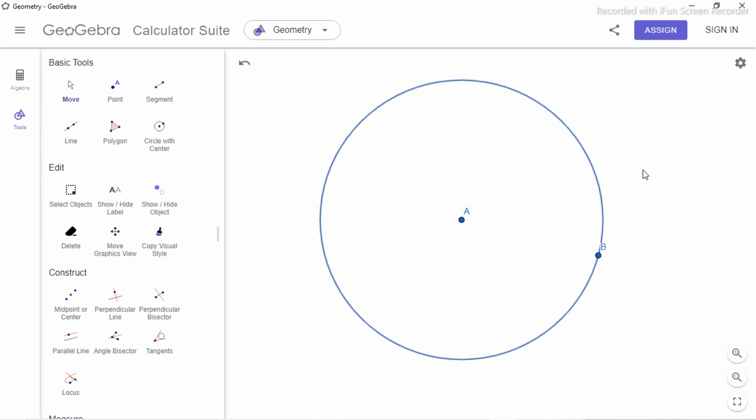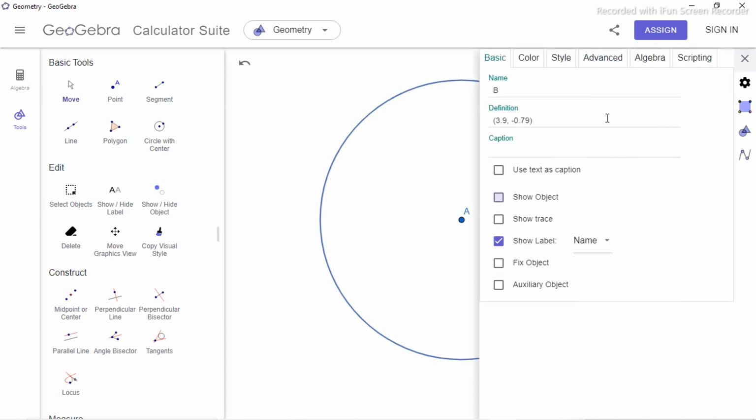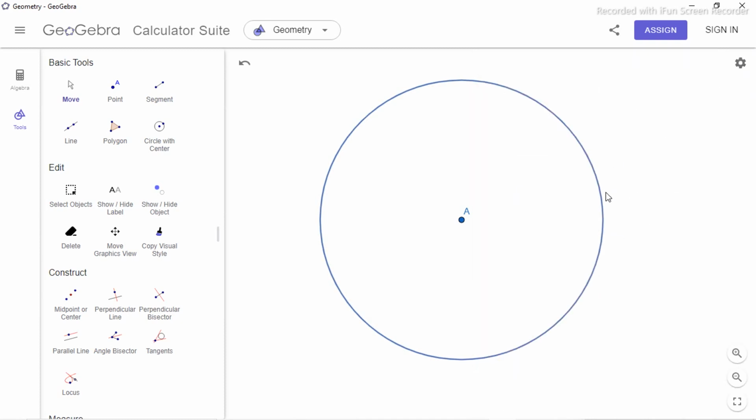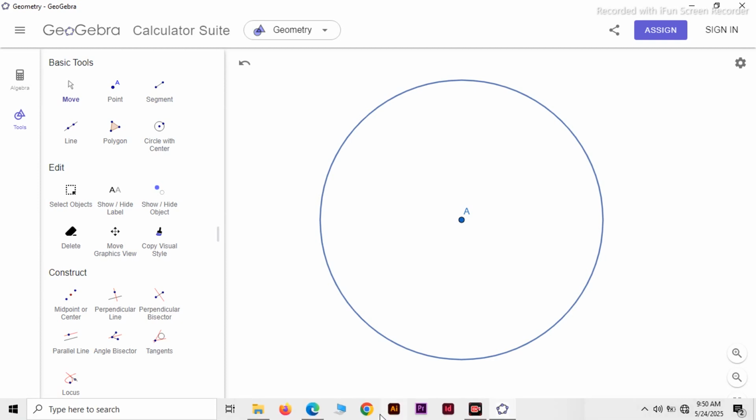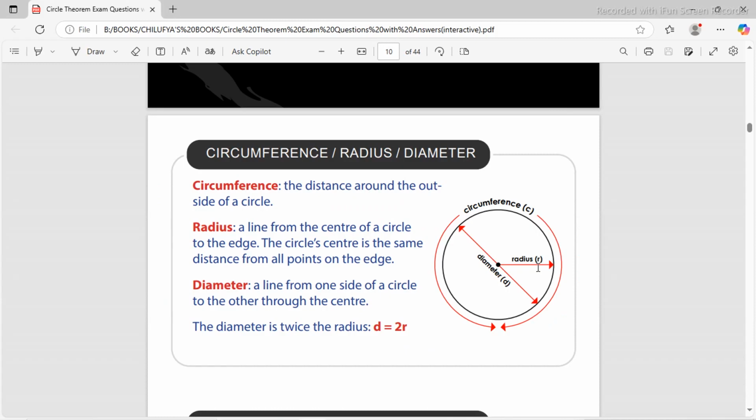So now that you understand what the circumference is, let us talk about the radius. What is the radius? Let us go back to our book and see. In this book it says that the radius is a line from the center of a circle to the edge.